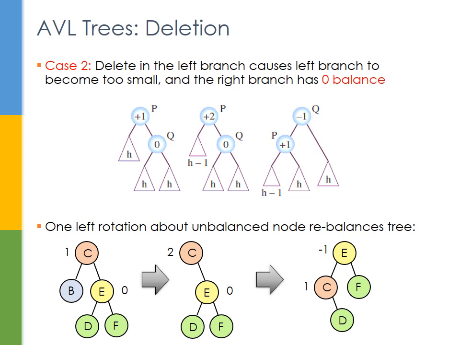We correct this by performing a left rotation around the unbalanced node. The unbalanced node here is C, and we are rotating E around node C. This is the result of that rotation. We can see that we now have a balanced AVL tree.